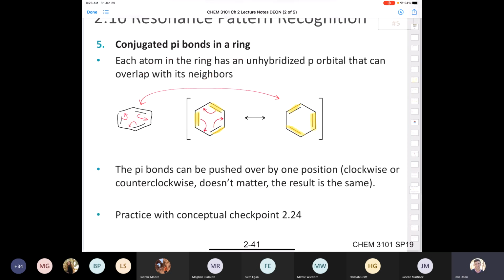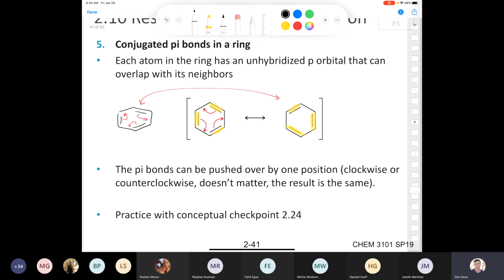Something that organic chemists do oftentimes, and I'm sure that if you've perused the internet or our textbook you've seen this, is draw an aromatic ring by drawing a hexagon and then a circle in the middle. The reason we draw that circle is to show that when we draw this, it's not exactly correct, and when we draw this, it's not exactly correct either.